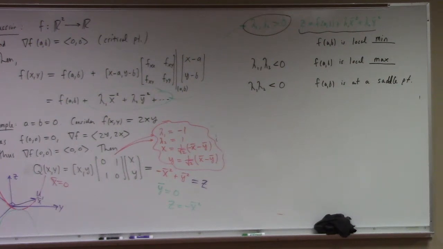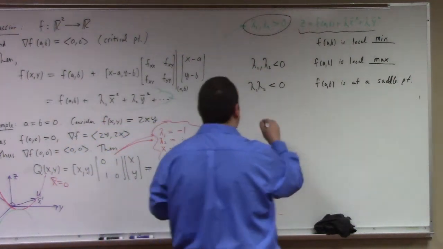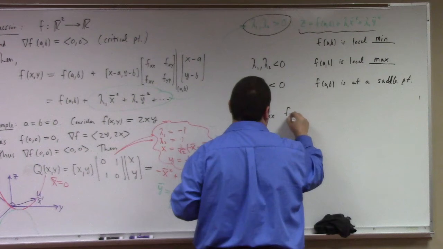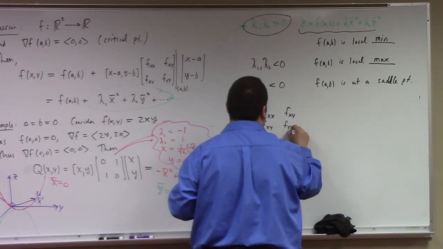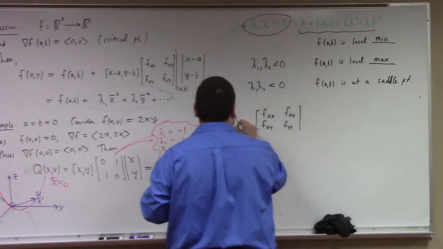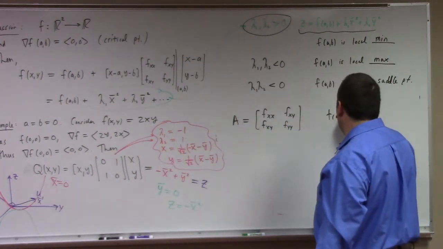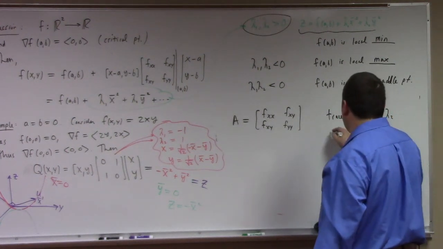OK, great. What do the eigenvalues have to do with this 2 by 2 matrix, fxx, fxy, fxy, fyy? What are the eigenvalues of a 2 by 2 matrix? Fun facts: the trace of A is the sum of the eigenvalues. What's the determinant of A?